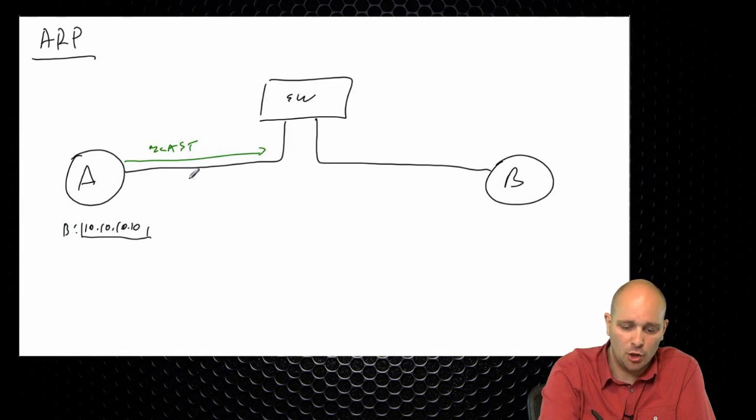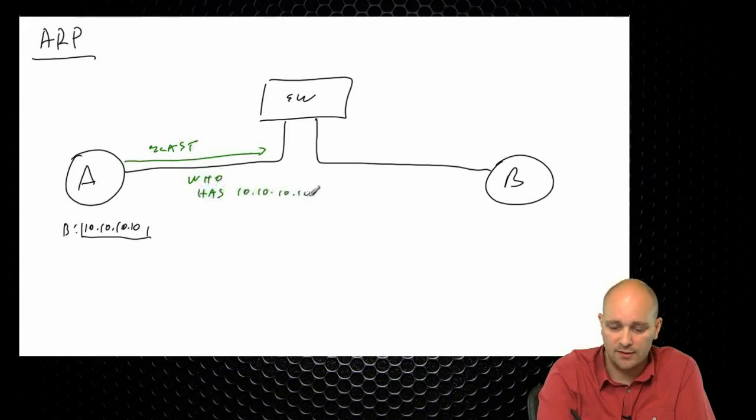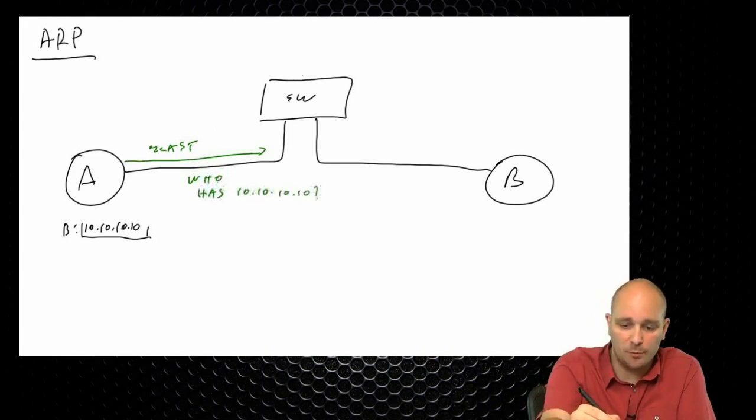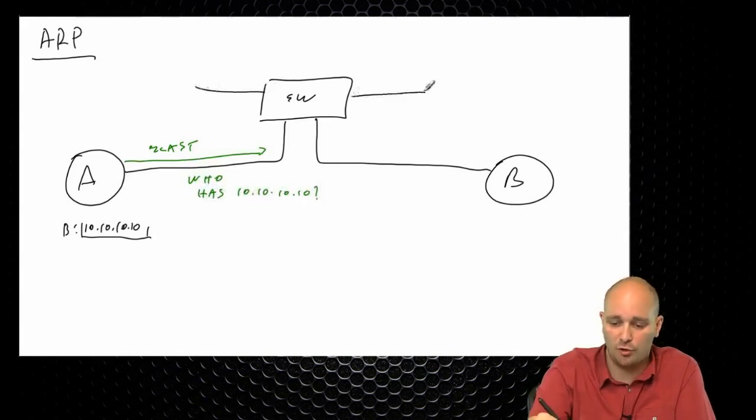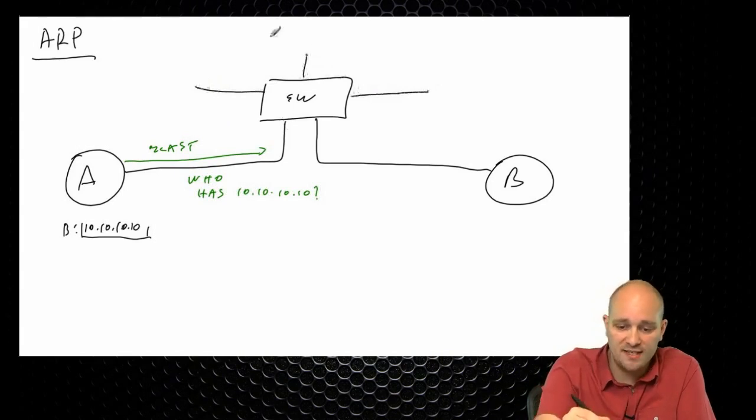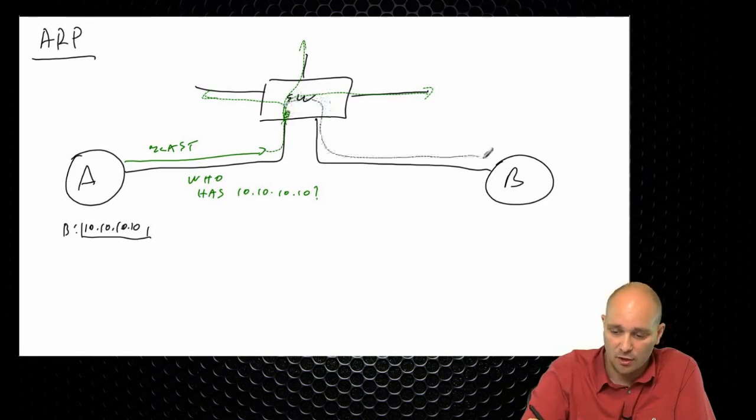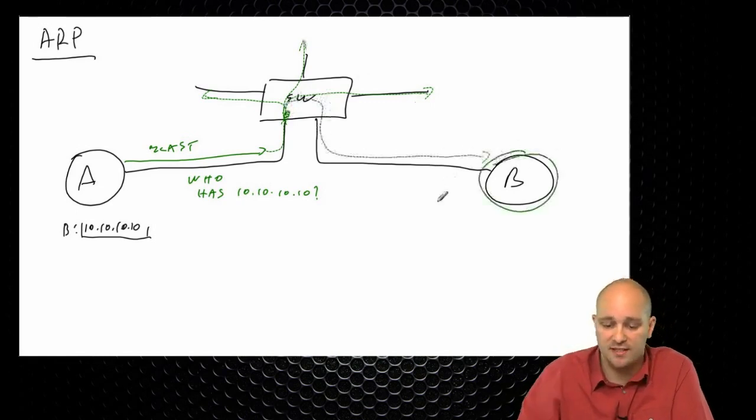here asking who has 10.10.10.10. Now, the switch here being the switch, and let's say that there are some other connections on the switch, when it receives this single packet here, it's going to actually replicate and flood this broadcast out to all interfaces except the interface on which it was received, and eventually B here will receive this broadcast packet.